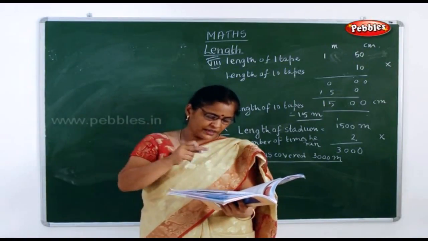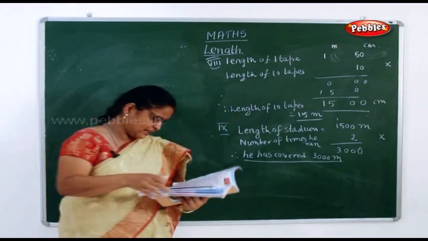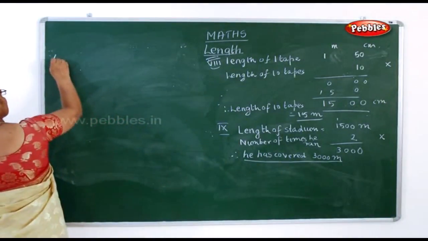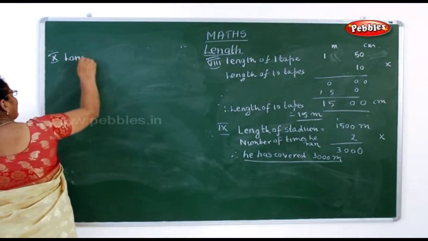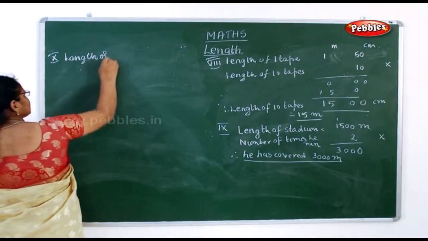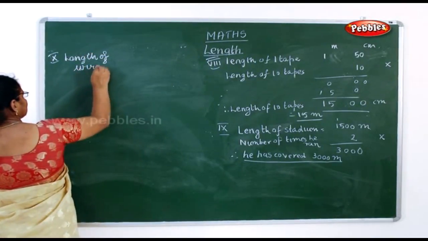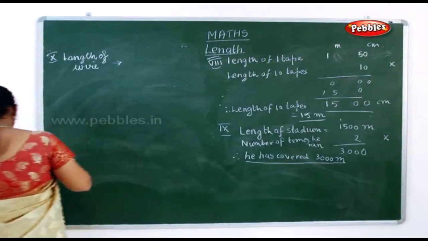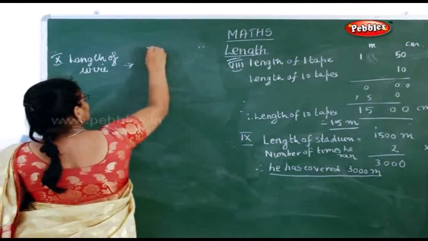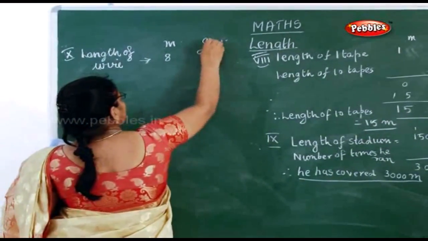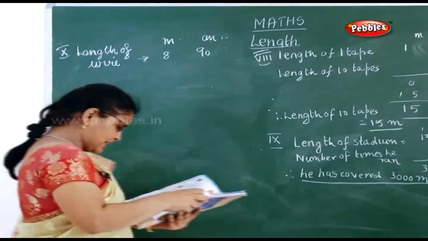One roll of wire is there, 8 meter and 90 centimeter. The length of the wire, what is it? It is 8 meter and 90 centimeter. Am I right? 8 meter and 90 centimeter.